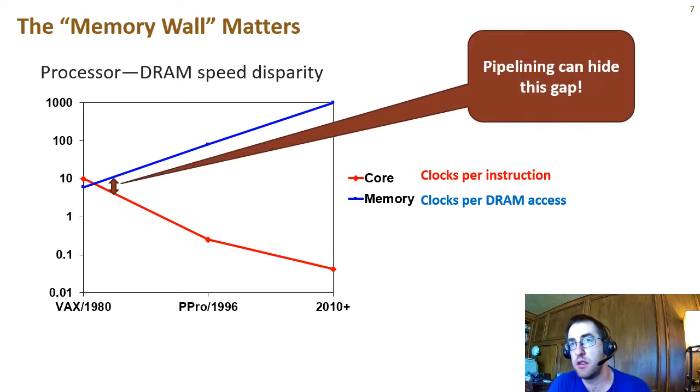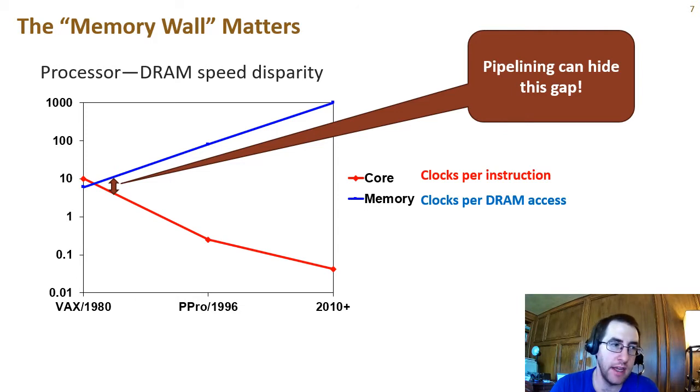Now, this small gap here can be hidden with pipelining. If you remember, we talked about overlaying the memory access across multiple stages of the pipeline. So when it takes 3 clocks for a DRAM access, you can make your memory access stage into 3 stages.